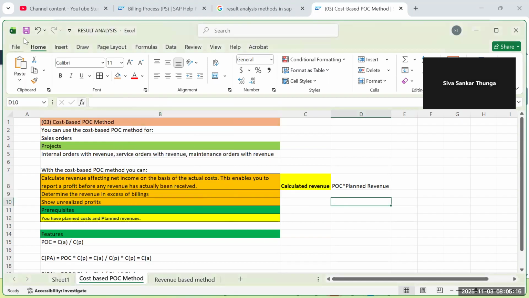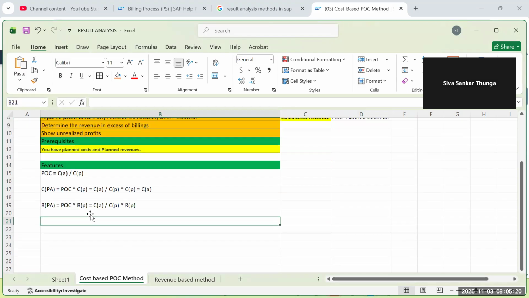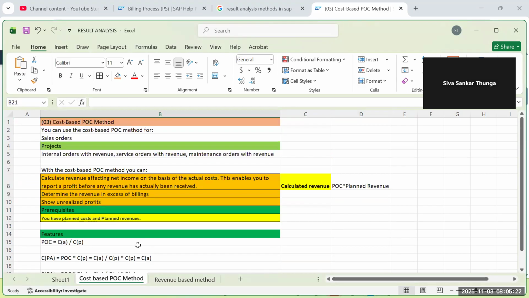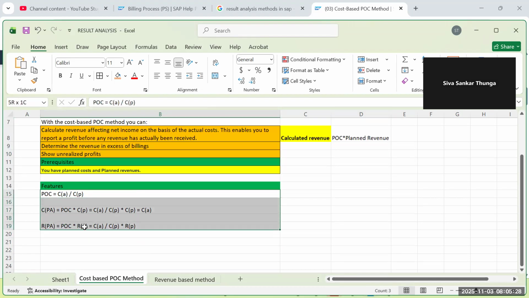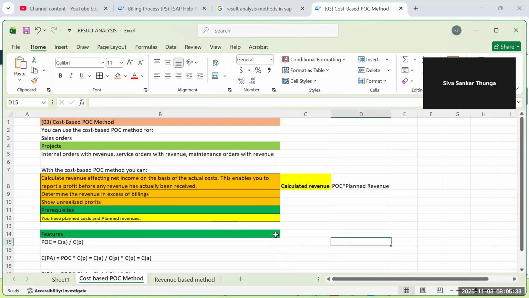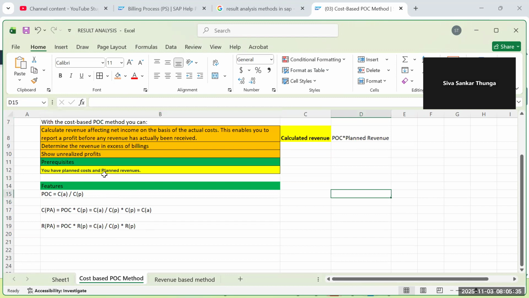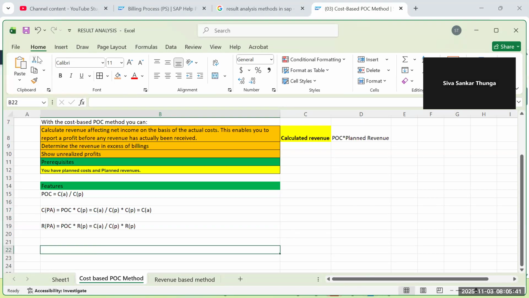If you understand these formulas, based on this only the system will save the result analysis data, and further when we settle, it will post the accounting entries. If you understand these things clearly, that is more than enough. These three formulas and these prerequisites are very, very important.